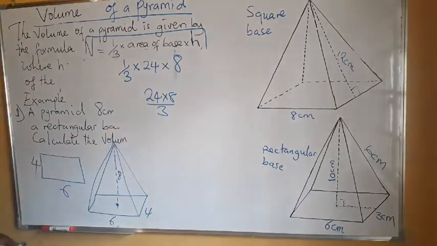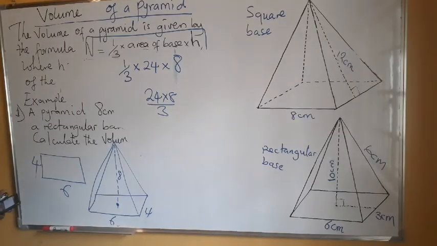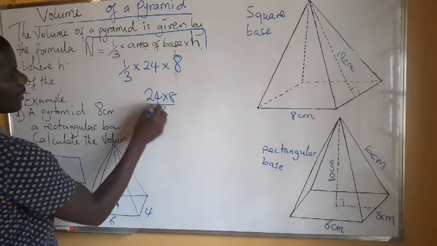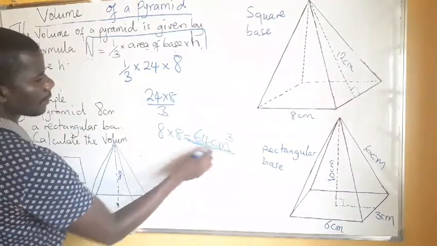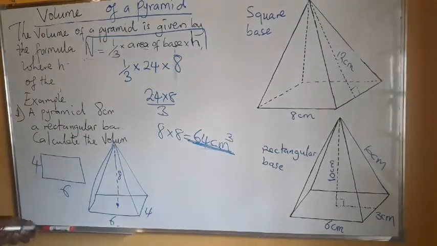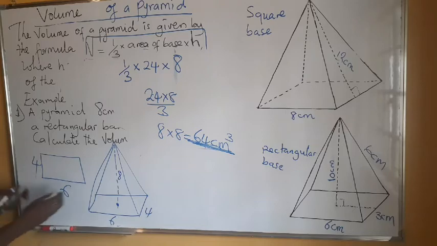We get 64. Or we know that 3 into 24 is 8, and 8 by 8 gives 64. So the volume is 64 centimeters cubed. This is what we are going to get for the first one.